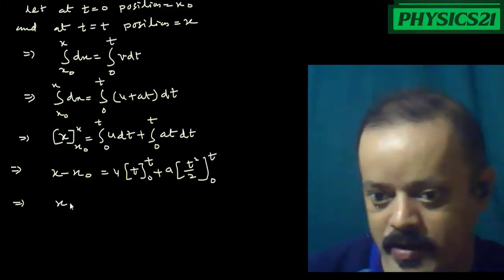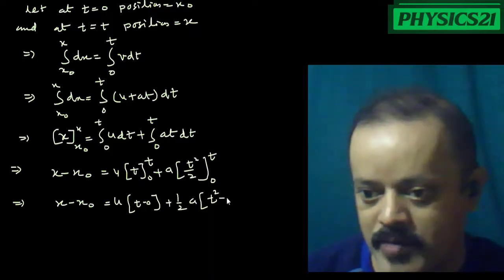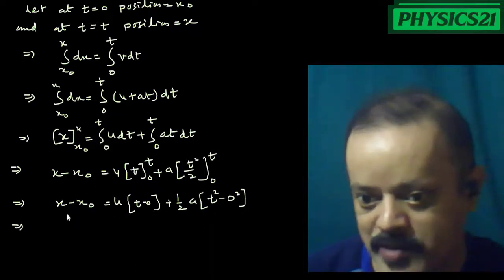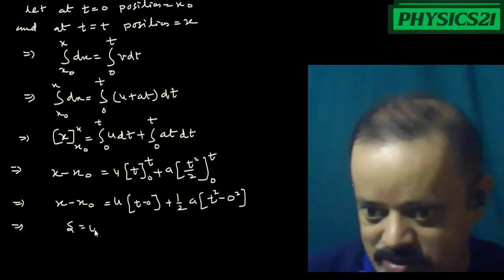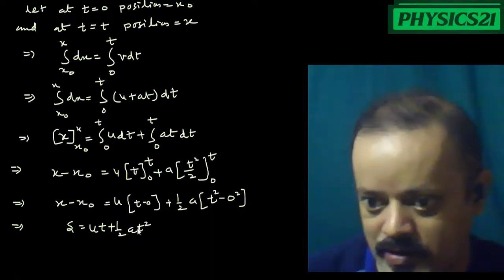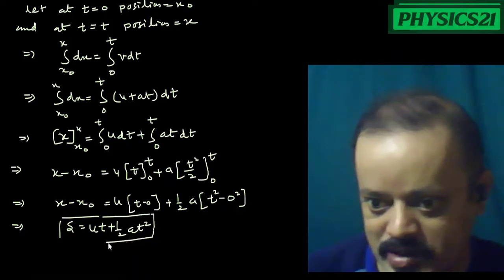Now simplify: x minus x naught is u t minus 0 plus 1 by 2 a t square minus square of 0. In place of x minus x naught, we will write s. So there is s is equal to ut plus half at square. This is the second equation of motion by the calculus method.